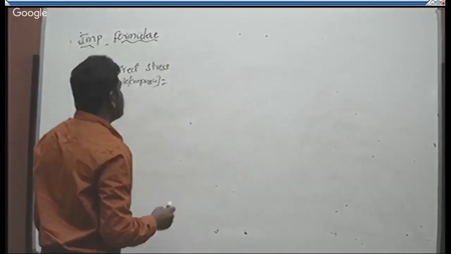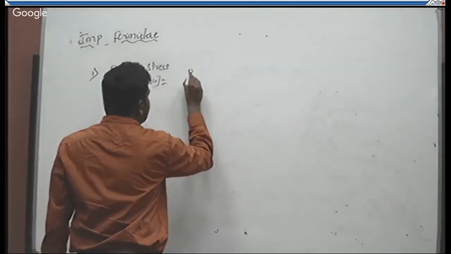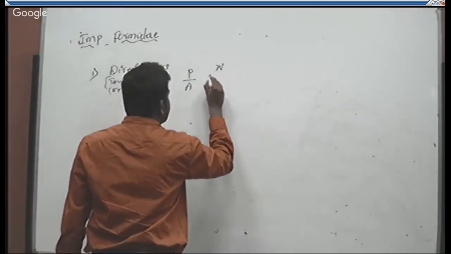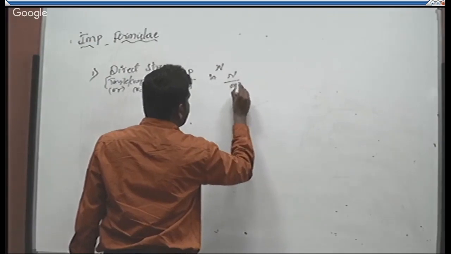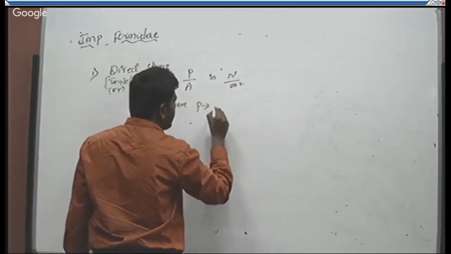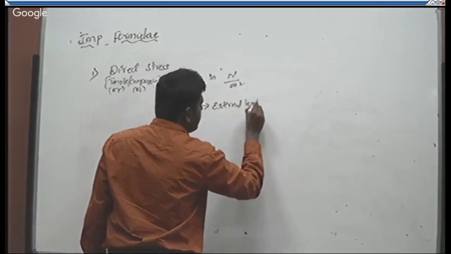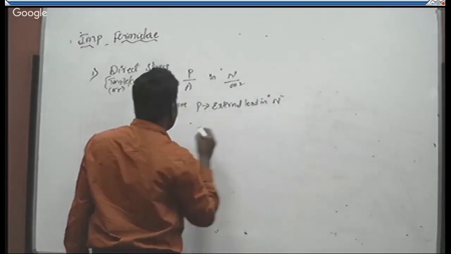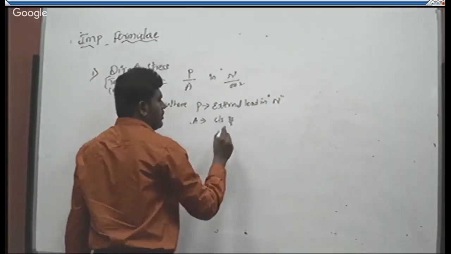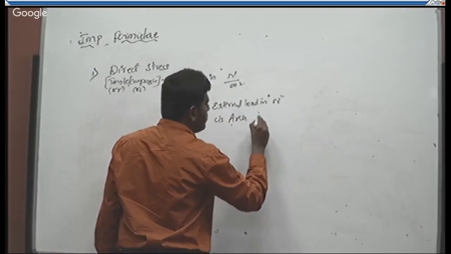So this is given by sigma t or sigma c, which is equal to P by A. Here stress is expressed in Newton per meter square, where P is the load acting or external load in Newtons, and A is the cross sectional area of the member, in meter square.